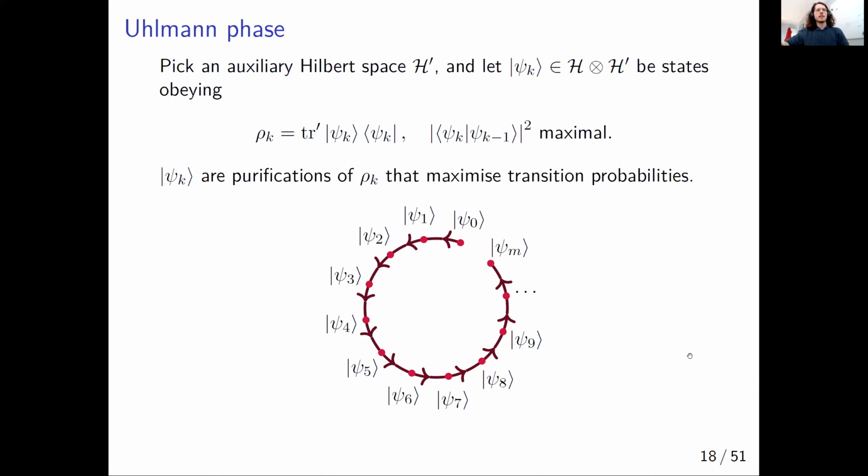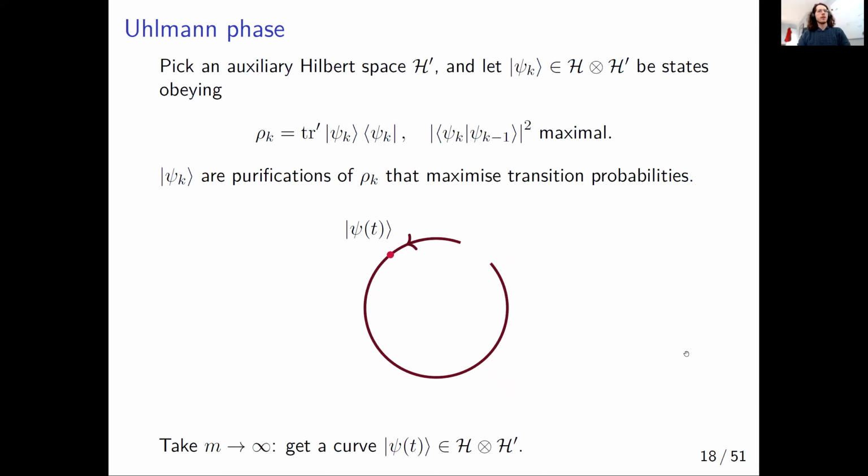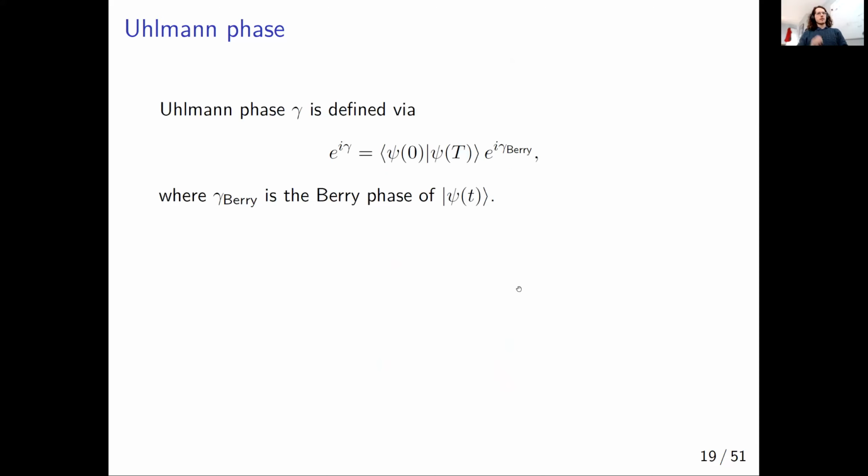Then in the limit as M goes to infinity, we end up with a curve of states in H times H prime. One important thing to note, which I've drawn here, is that even though the curve of density matrices was closed, this new curve doesn't have to be. After coming up with the curve of purifications, psi(t), we can finally define the Uhlmann phase.